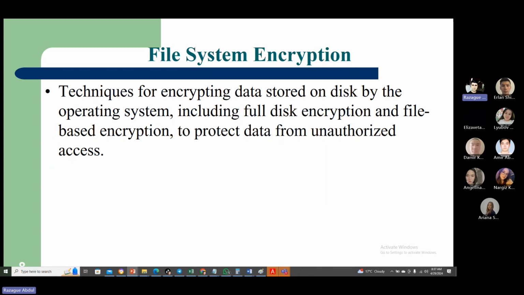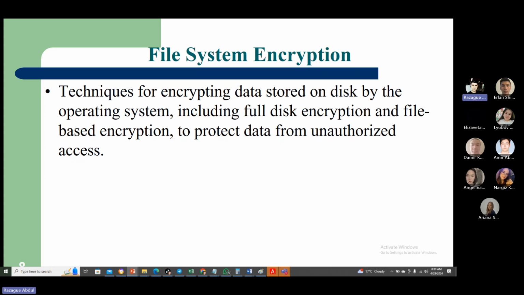And what are the use cases of file-based encryption? It's particularly useful in multi-user environments and also essential for systems where files need to be individually secured. It also allows for encrypted files to be securely shared across networks or cloud storage.